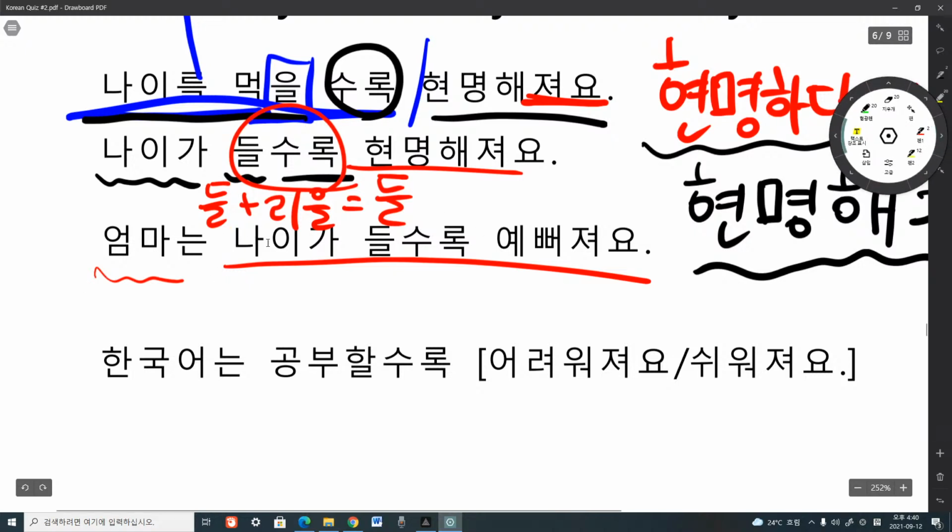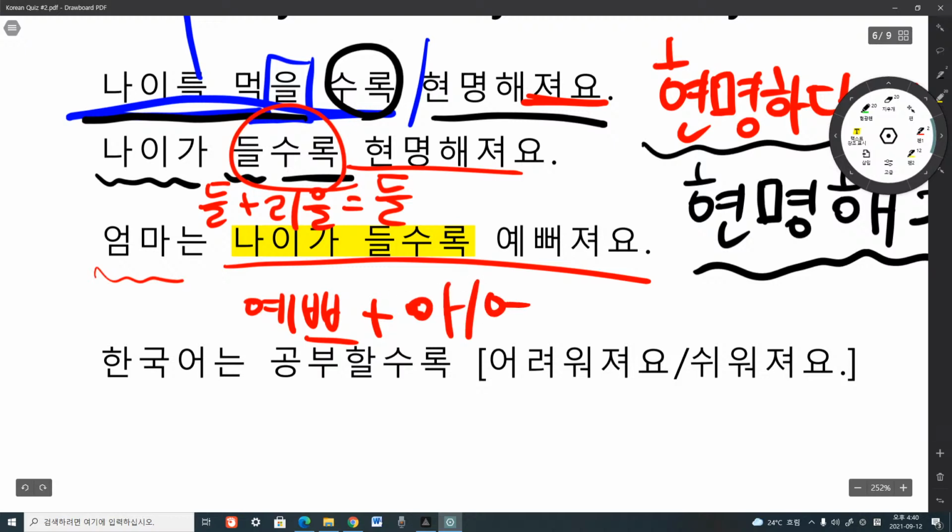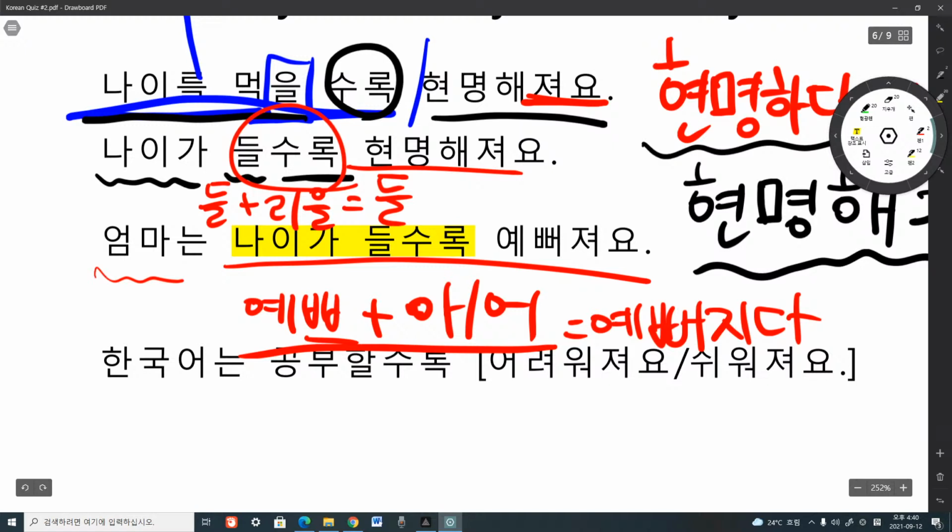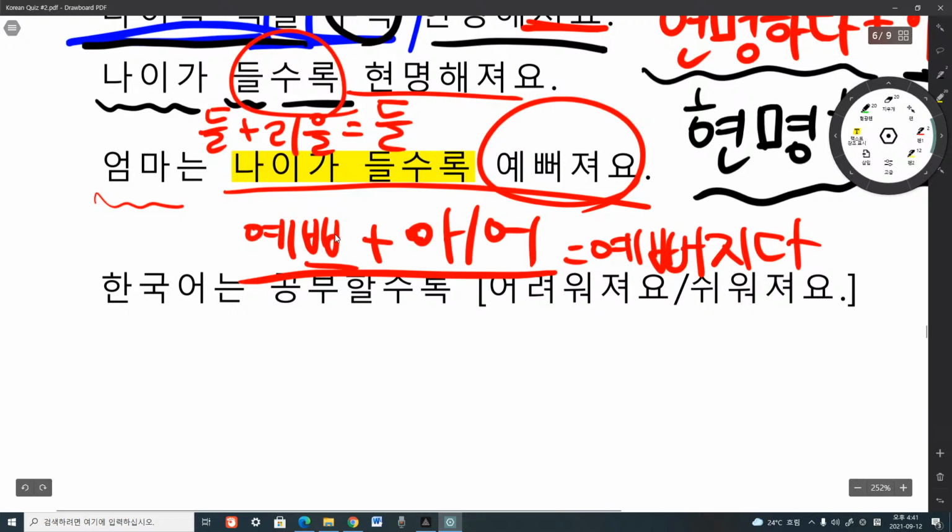The more my mom ages, 엄마는 나이가 들수록 예뻐져요. 예쁘다 means to be pretty, and then you conjugate it in present tense, 예뻐, and then 지다, it means to become pretty, to be more beautiful. So 예뻐져요, she gets prettier. 맞아요, 이바나 씨, the prettier she gets.